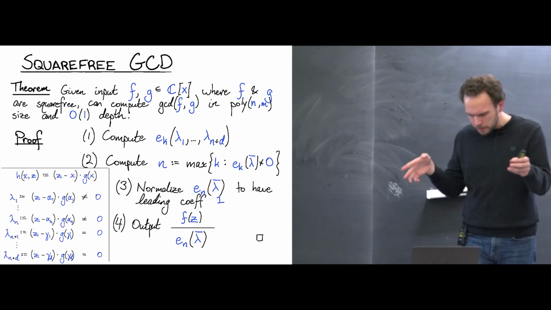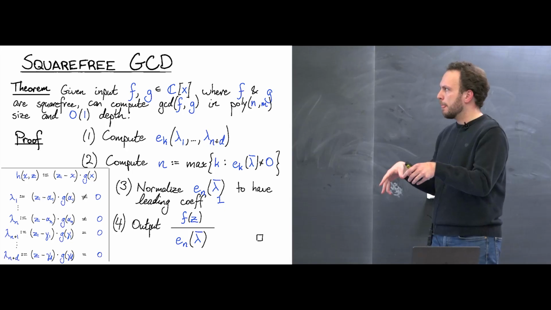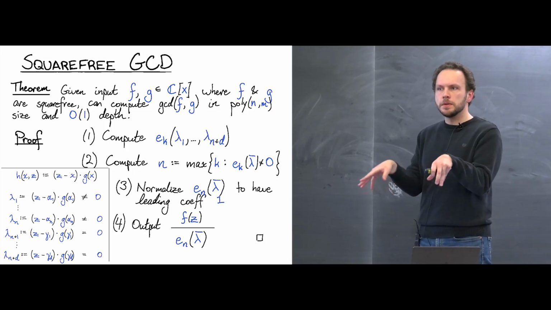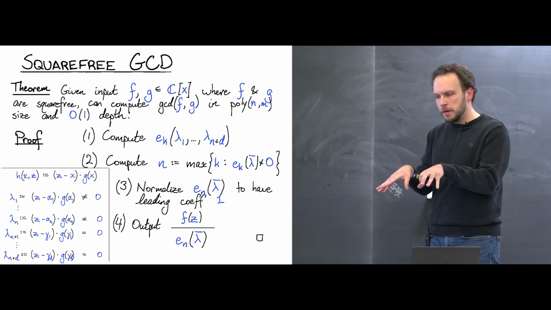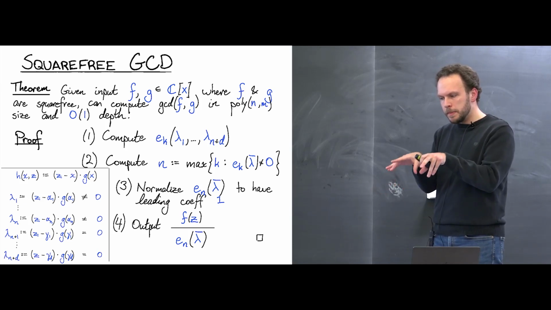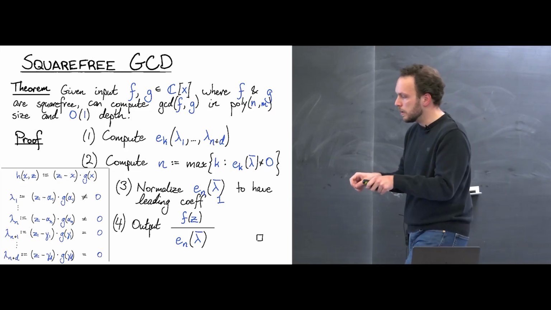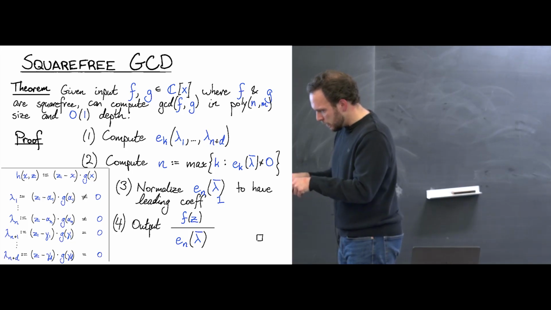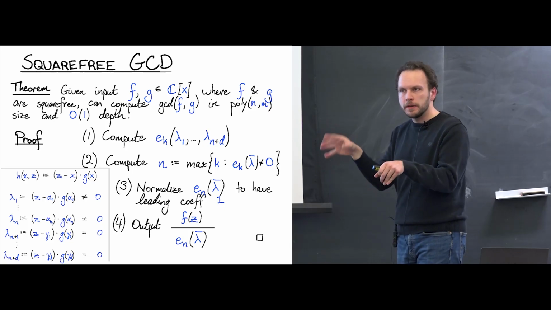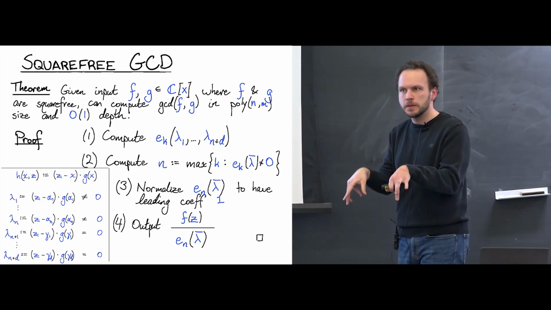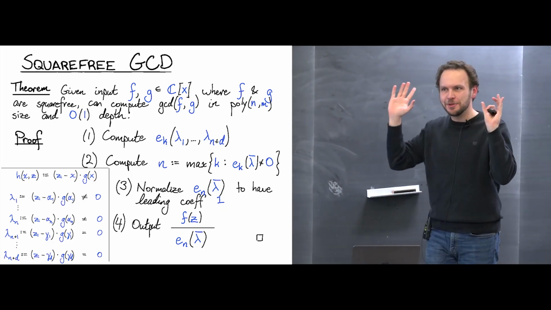Because this is some low depth computation on top of the input, this in particular means it's some low degree function of the input. And so whatever the size of your input values are, I think you should be able to show that the coefficients have size at most polynomial in the size of the input. So nothing unreasonable, nothing too crazy high.